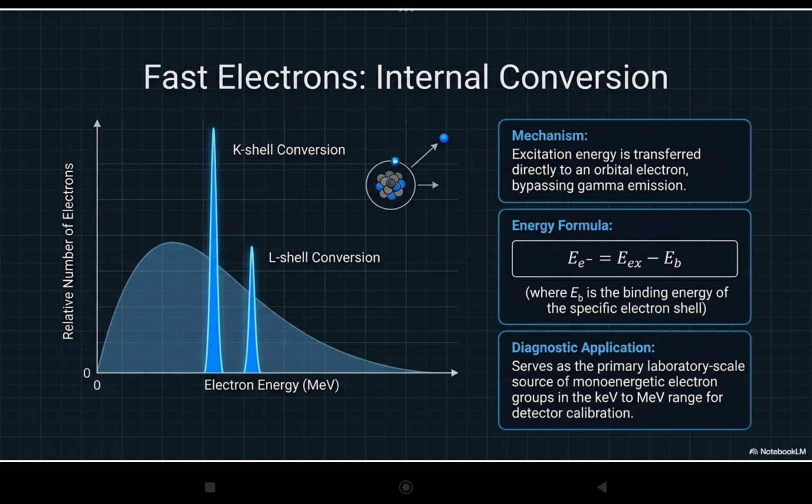This gives characteristic electron groups often associated with K-shell or L-shell conversion. In practical terms, internal conversion is very useful because it provides laboratory-scale monoenergetic or near monoenergetic electron groups for detector calibration in the keV or MeV range.